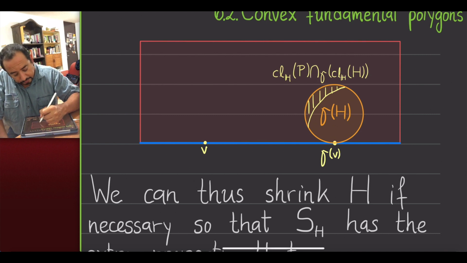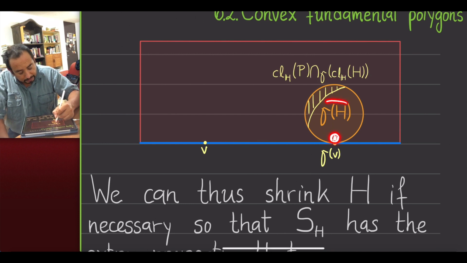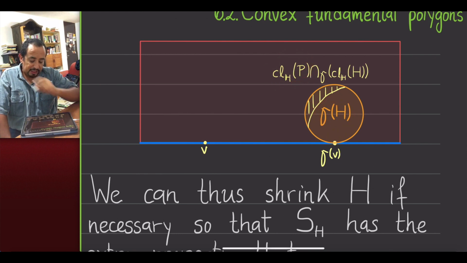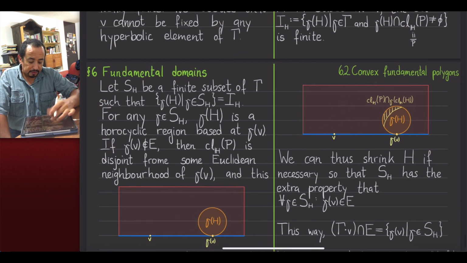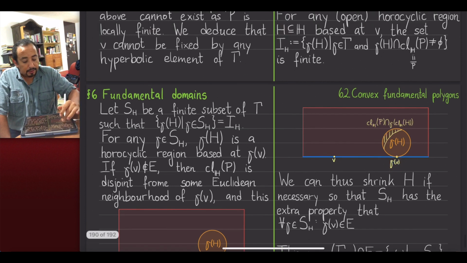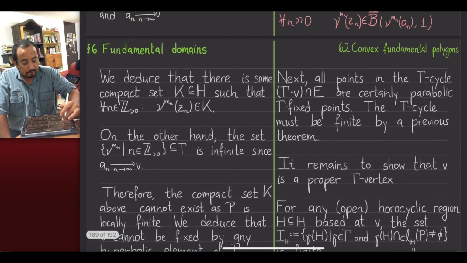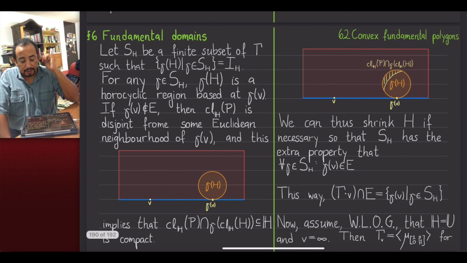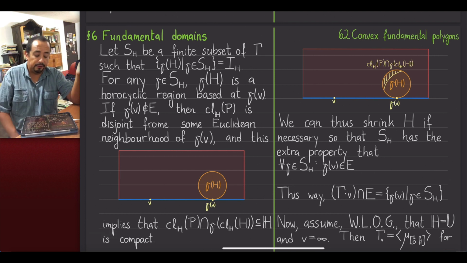Anyway, if I start shrinking H, then of course gamma of H also starts shrinking. And if I shrink H sufficiently, this shrinks enough that it is entirely disjoint from P bar. Then I can shrink this for each point in the gamma cycle of V, and after finitely many steps I finish, because that gamma cycle is finite.